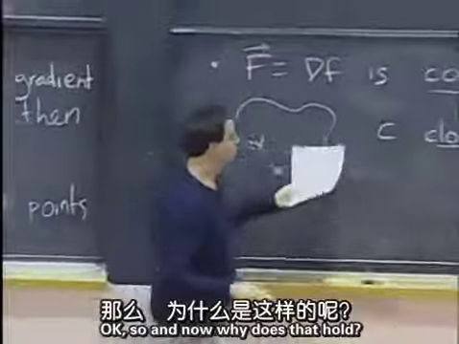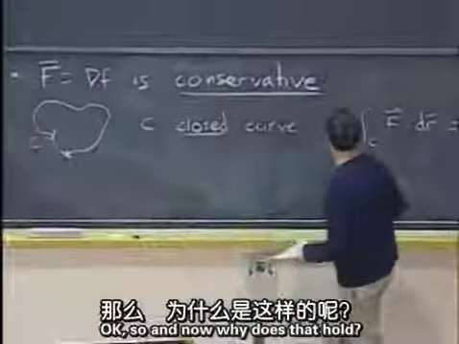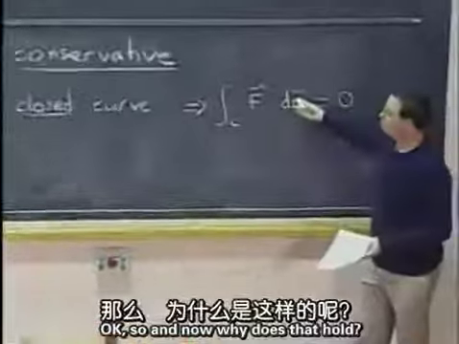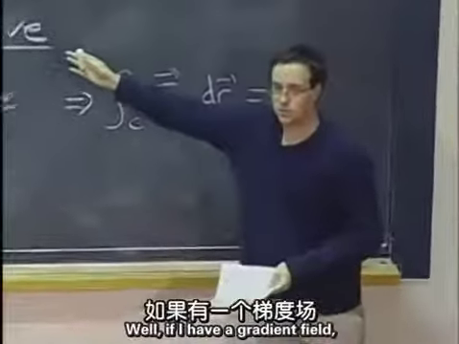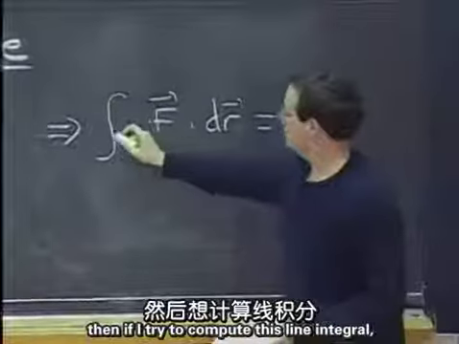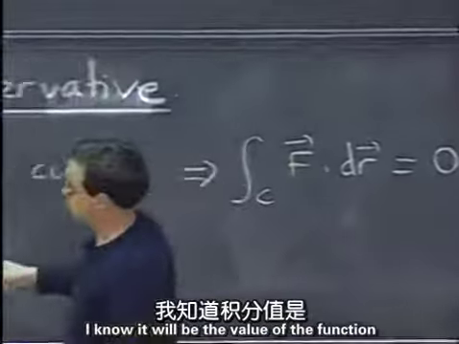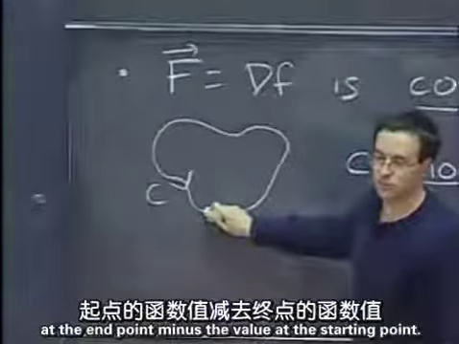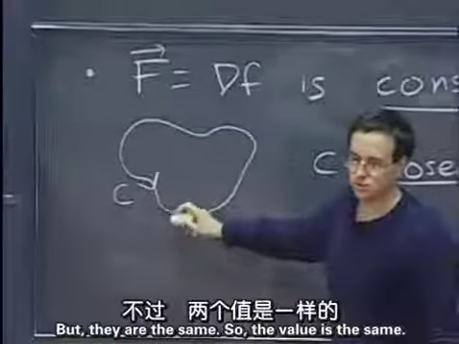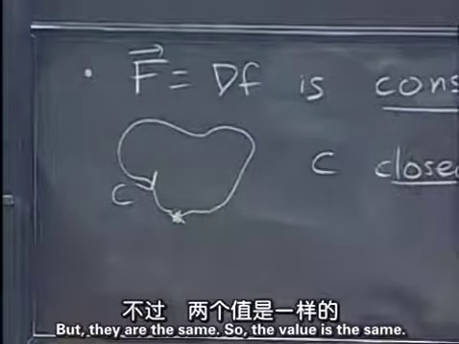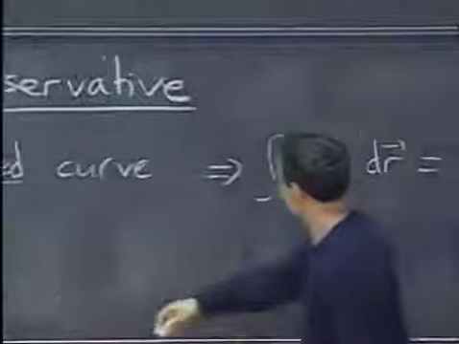Okay, and now why does that hold? Well, if I have a gradient field, then if I try to compute this line integral, I know that it will be the value of a function at the endpoint minus the value at the starting point. But they're the same, so the value is the same.